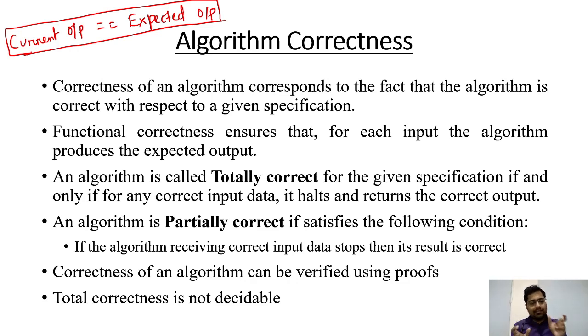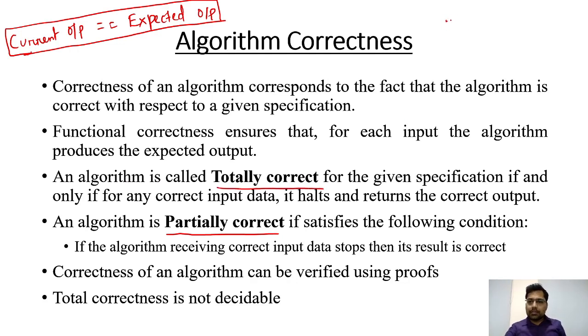In that case it is not meeting the expected output, so it is not correct. If some parts get matched, you can say it is partially correct. If everything gets matched, you can say totally correct.